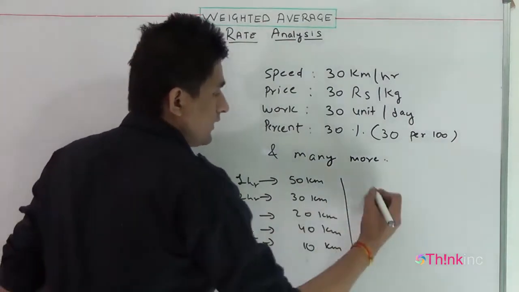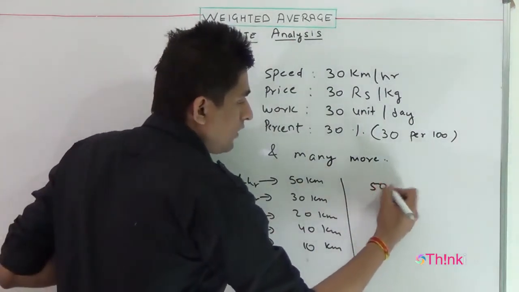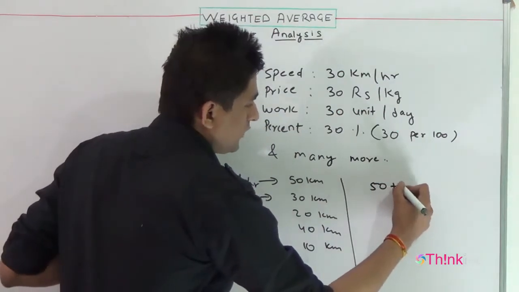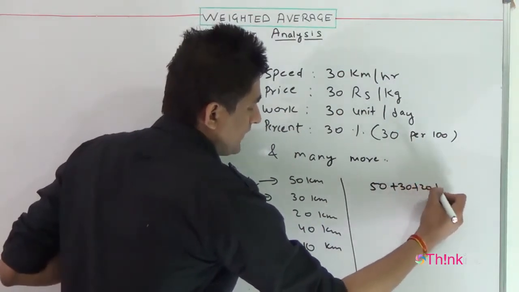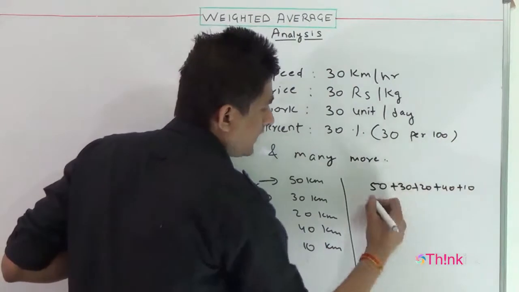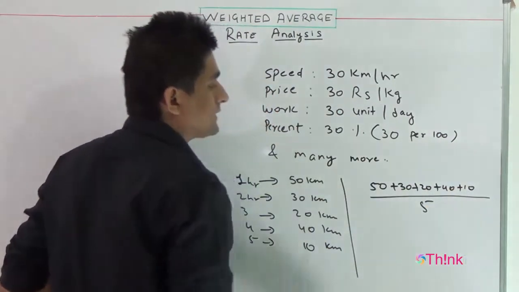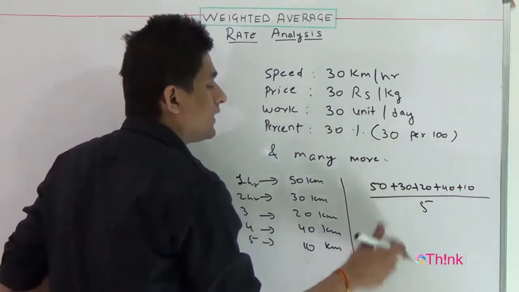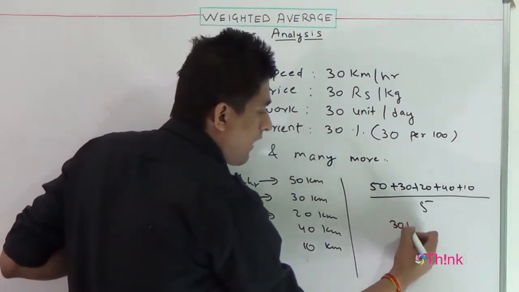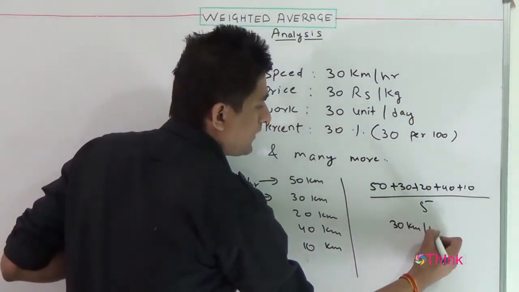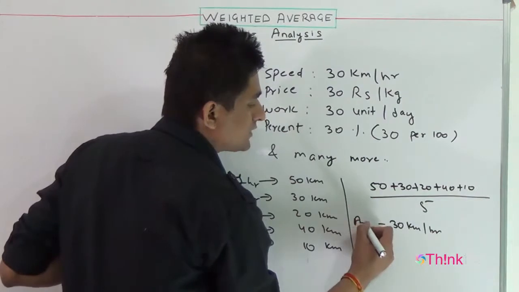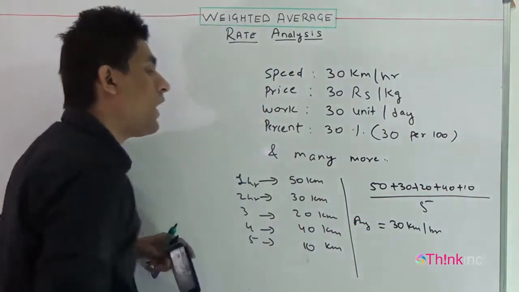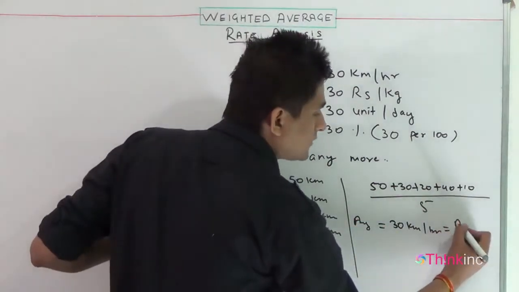So I'll sum up all the observations, that is 50 kilometer, 30 kilometer, 20 kilometer, 40 kilometer and 10 kilometer, and divide by 5 because there are 5 observations, and from here I get the average to be 30 kilometer per hour. This is the average distance traveled by the bus in an hour, or I can say the average speed of the bus.